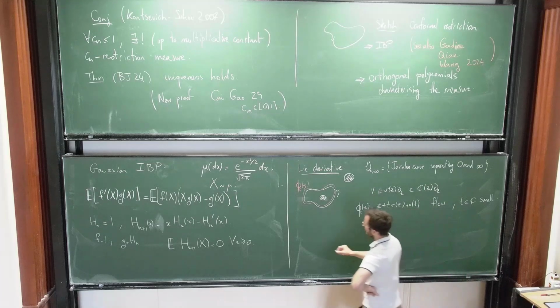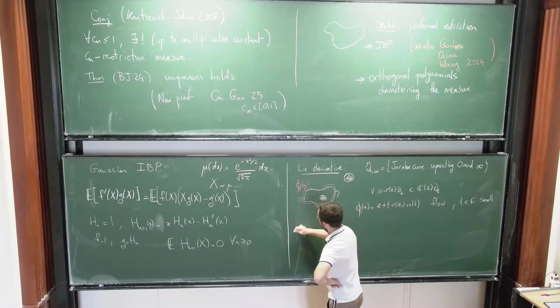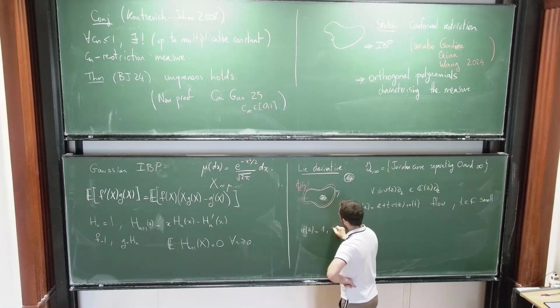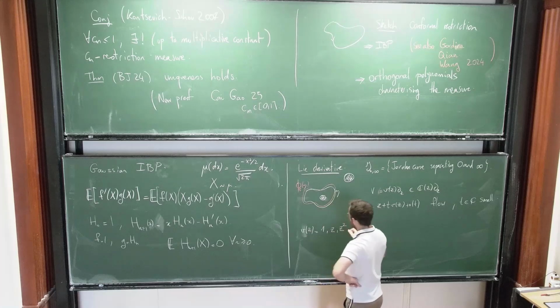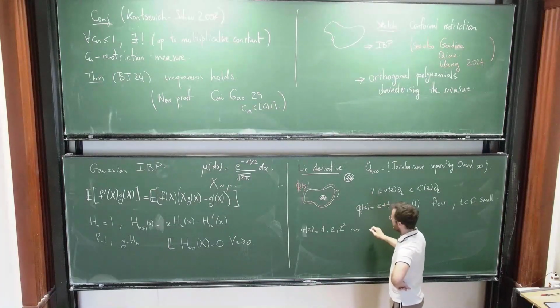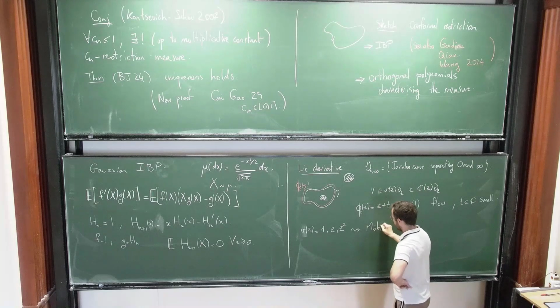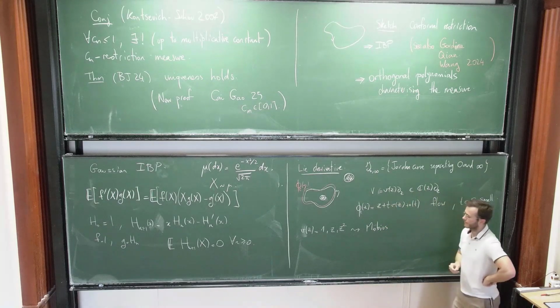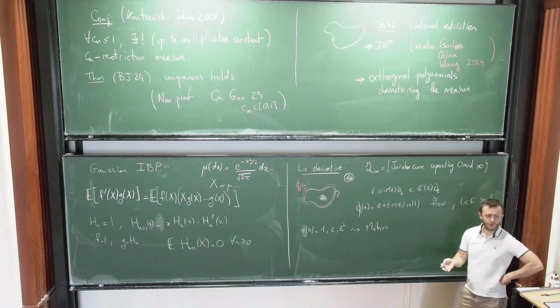In particular, if v is equal to 1, z or z squared, here phi t, I'm just recovering the Möbius maps, which are, of course, the conformal maps.